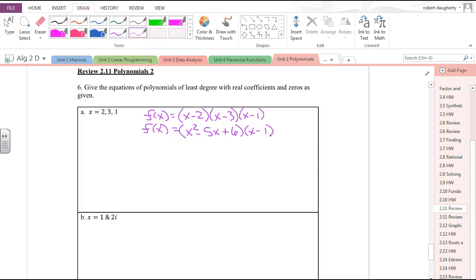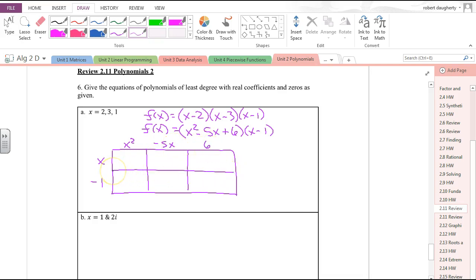So when I do this operation, I can do it with a chart. So multiplying that by x squared minus 5x plus 6. x times x squared, that's x cubed. x times minus 5x, and this is 6x, and minus x squared plus 5x minus 6.